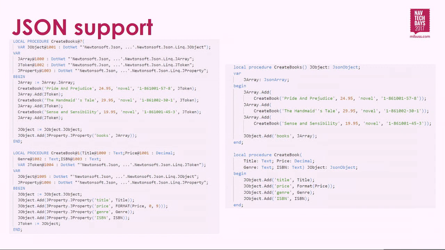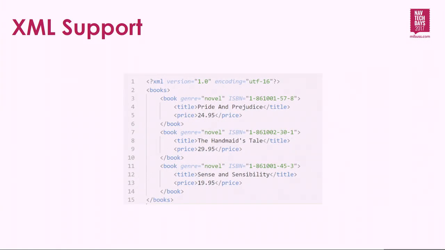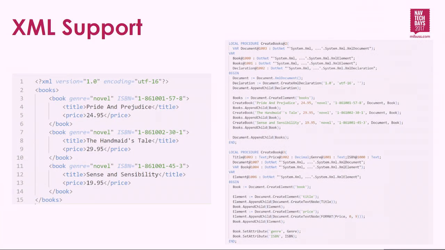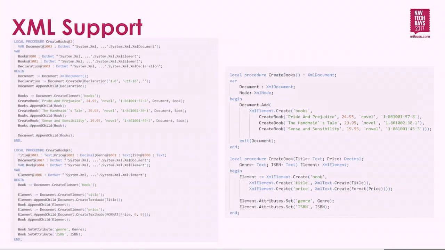If we look at the similar code using the new native methods, it's more condensed and way shorter. Looks better. Similar story for XML, almost the same sample. Lots of code. That was even worse to create. If we look at how it looks now, a lot smaller, a lot nicer. So there's clearly some goodness in this.